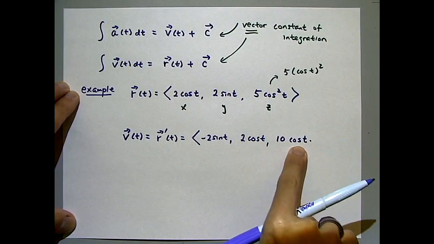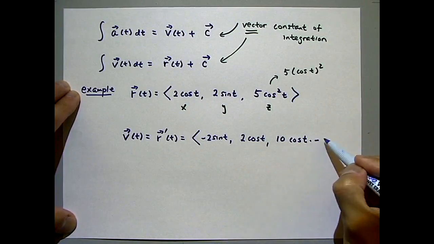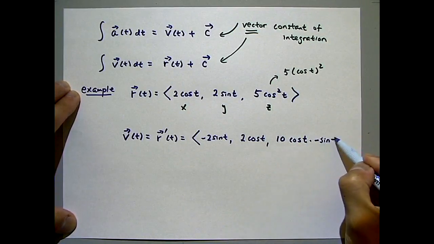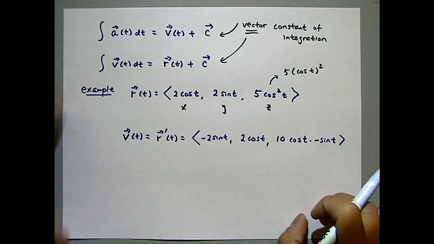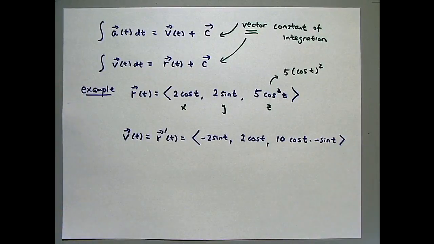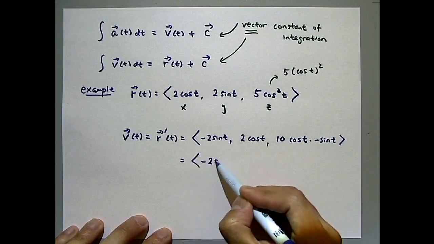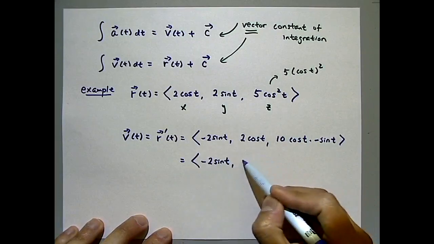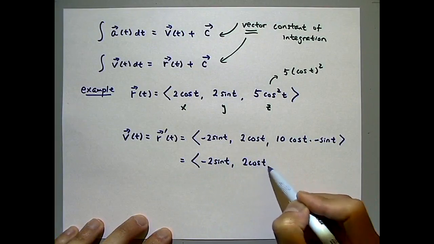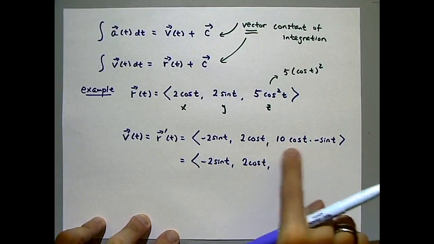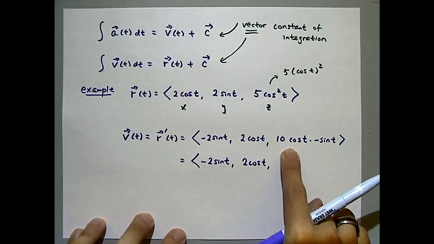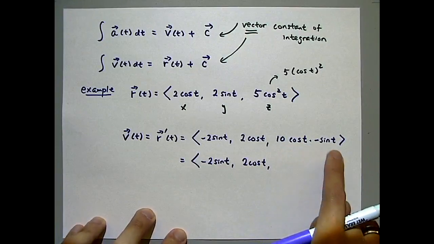We need a derivative of cosine, and that's negative sine. See that? Yes? Good. This is negative 10 times cosine times sine.